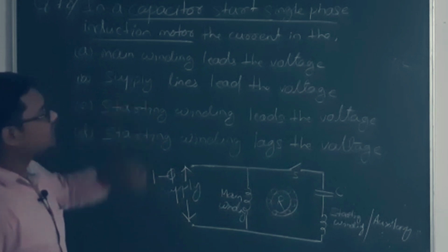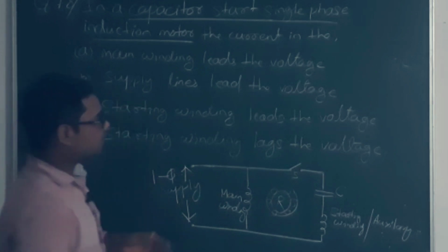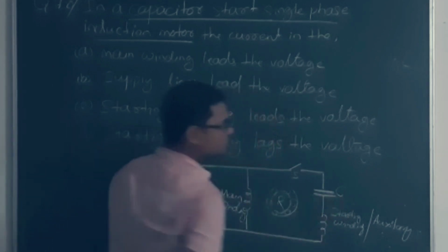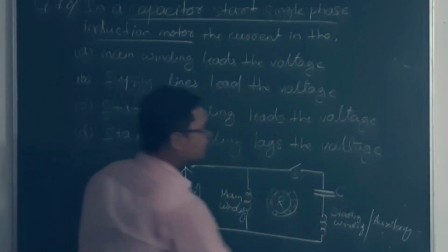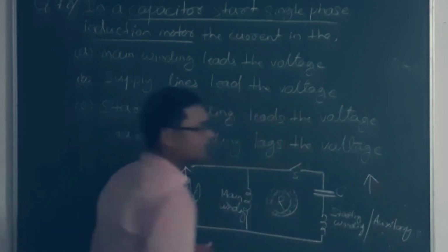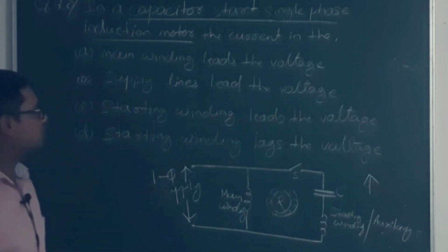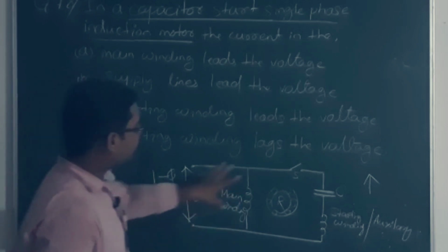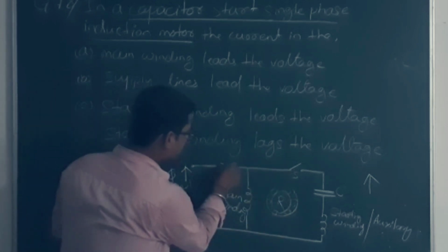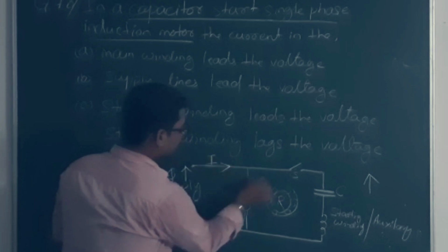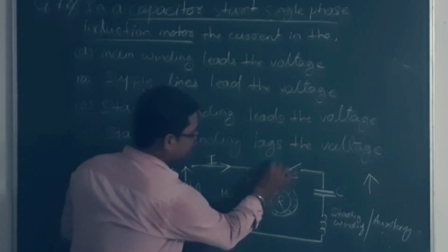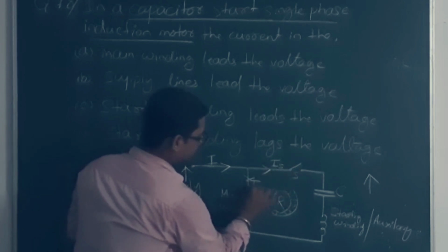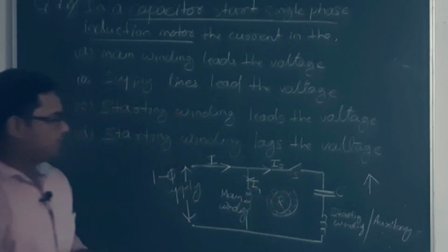As it has a capacitor, we know that the property of a capacitor is to lead the circuit. The property of a capacitor will always be leading in nature. So due to the presence of the capacitor, the current I divides here into the static winding current and the main winding current.